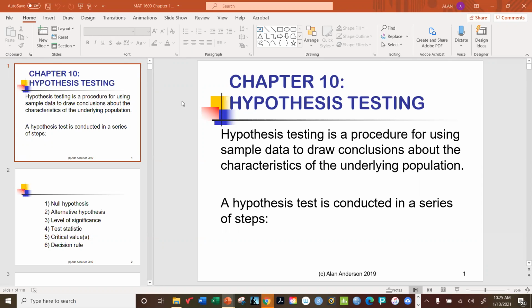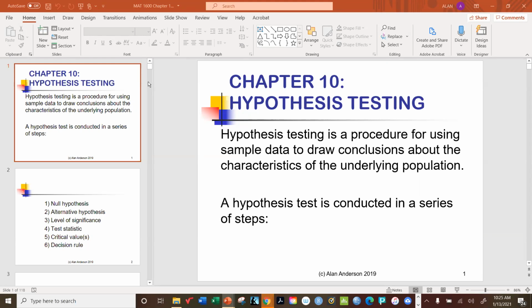All right, anyway, so hypothesis testing is just another approach to drawing conclusions about a population from samples. Now, the reason why all these different techniques exist is because each one is useful under different circumstances. For certain applications, hypothesis testing is the best approach to understanding what's going on in our population.